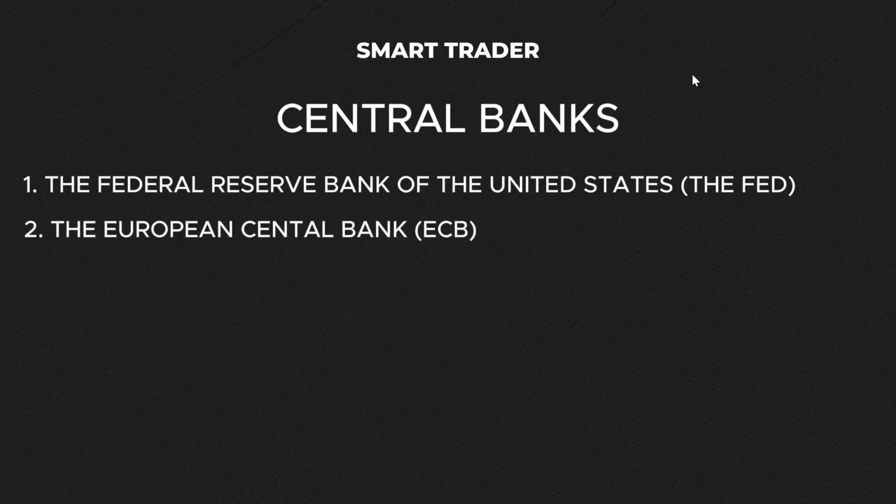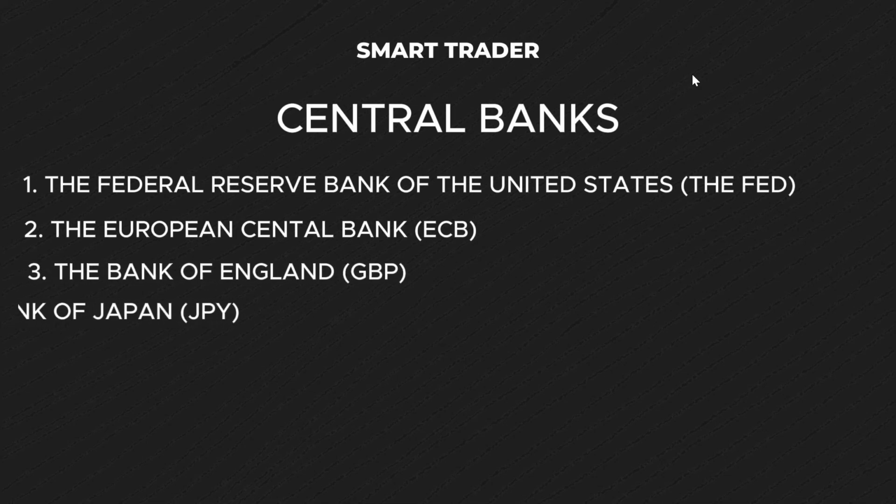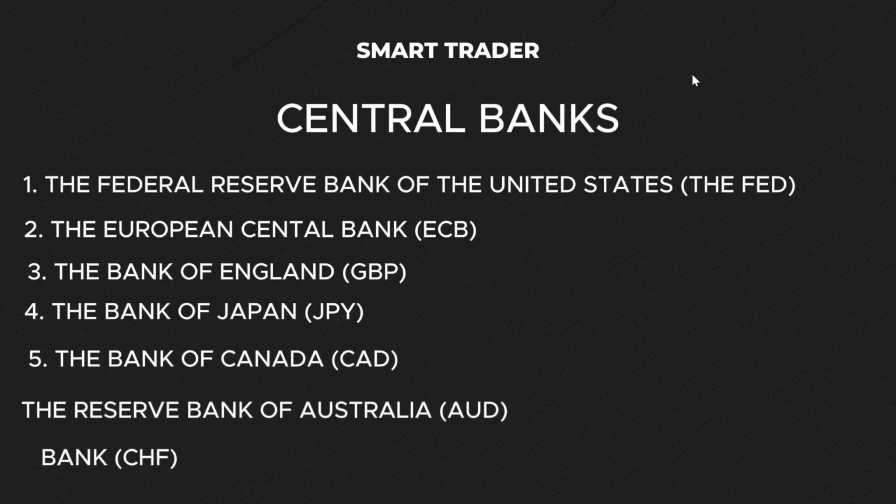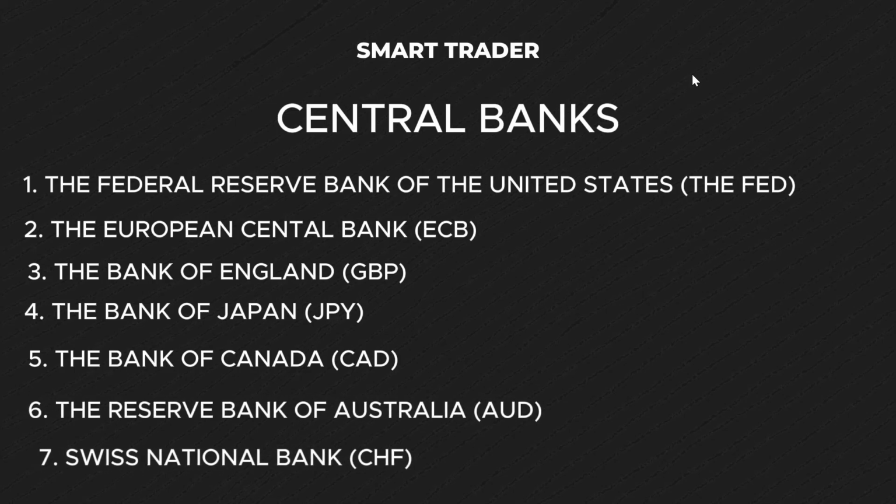We also have the Bank of England for the British pound, the Bank of Japan for the Japanese yen, the Bank of Canada, the Reserve Bank of Australia, the Swiss National Bank, and the Reserve Bank of New Zealand. All of these central banks control their related currency, and their monetary policy tremendously affects the value of their related currency.